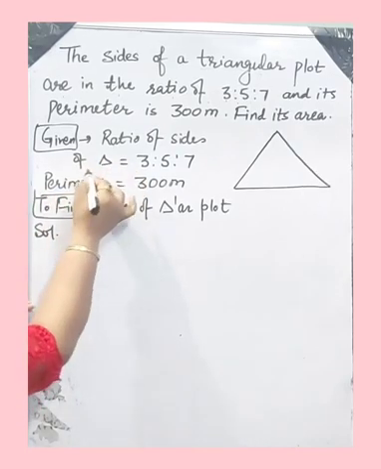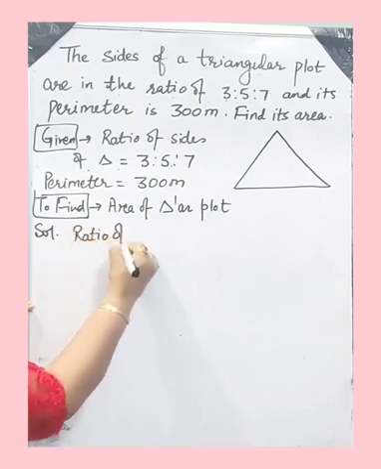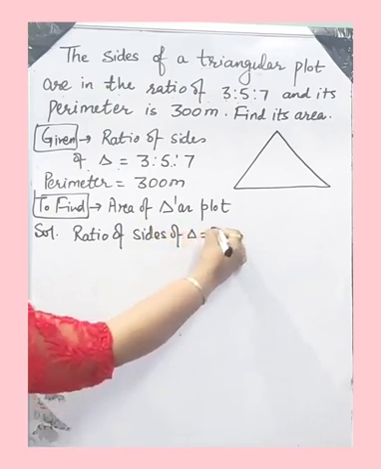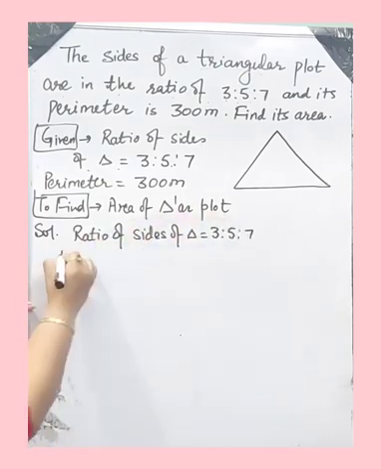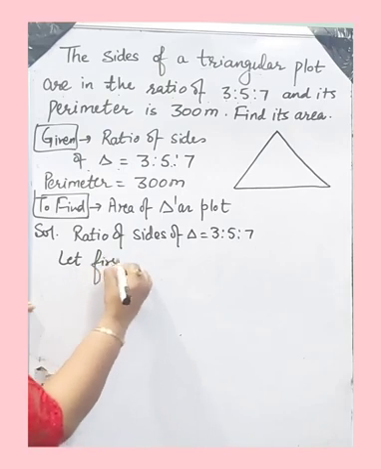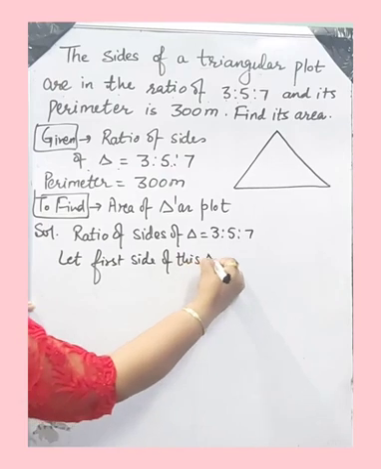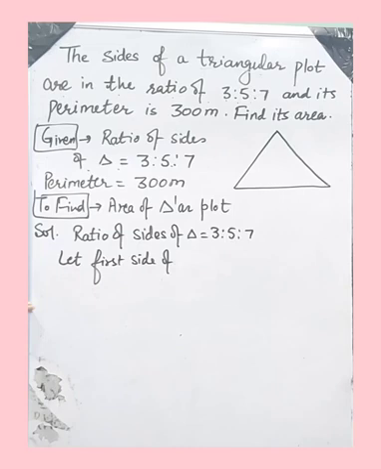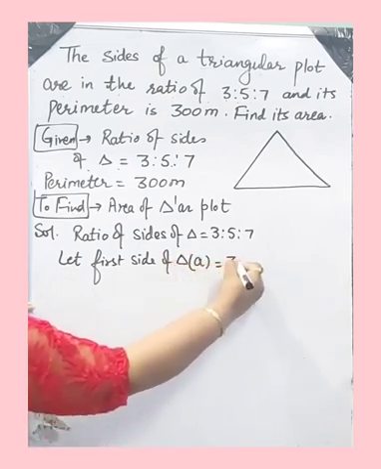Now what is given? Ratio of sides of a triangle equal to 3:5:7. Let first side of the triangle, which is A, equal to 3x.